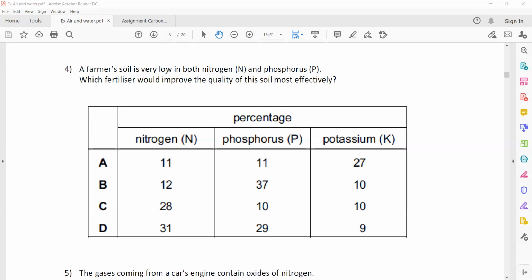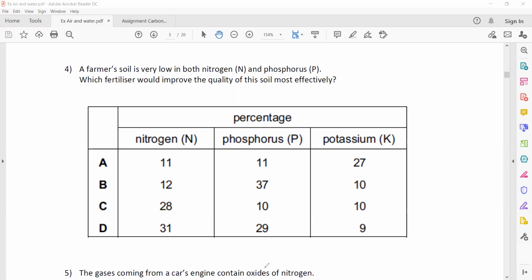Farmer soil is very low in both nitrogen and phosphorus, so a small amount of nitrogen and phosphorus is there. Which fertilizer would improve the quality of the soil effectively? We need a greater amount of nitrogen and phosphorus. The percentages are given.